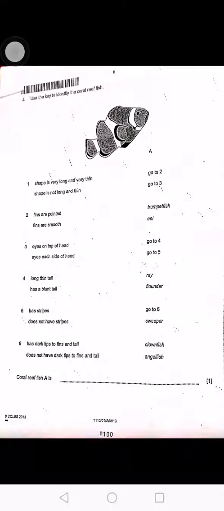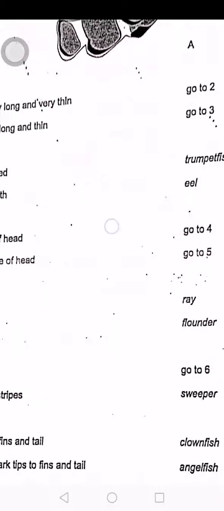It says: has stripes. Yes, it has stripes. So go to 6. Number 6: has dark tips to fins and tail. Yes, it has dark tips, dark ends on fins and tail.